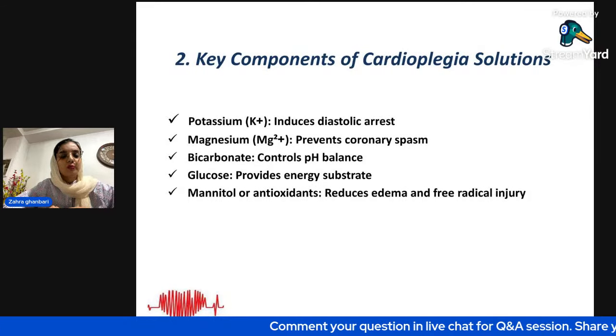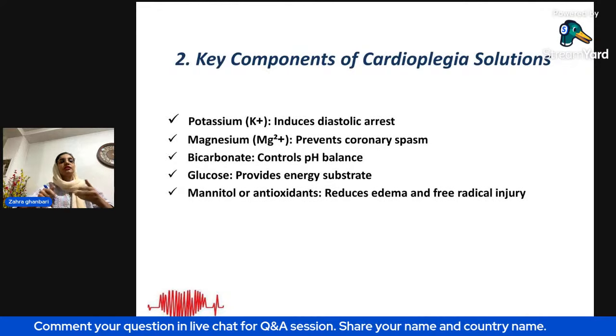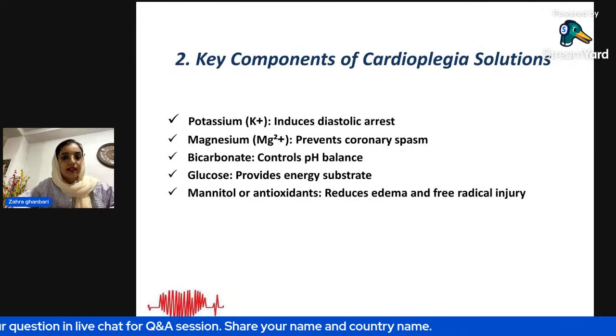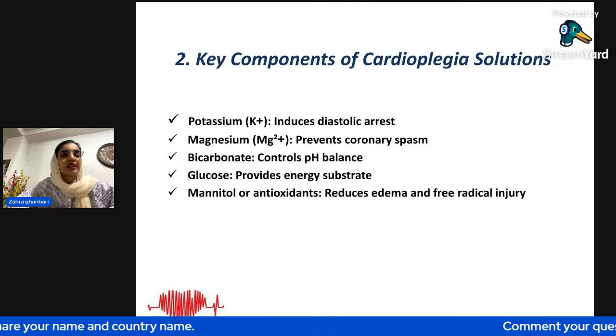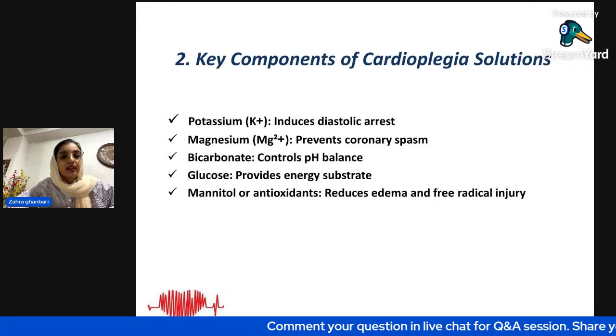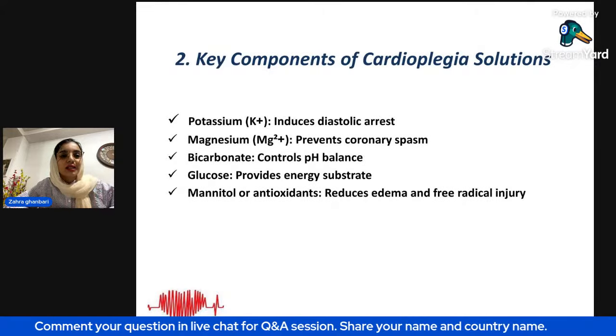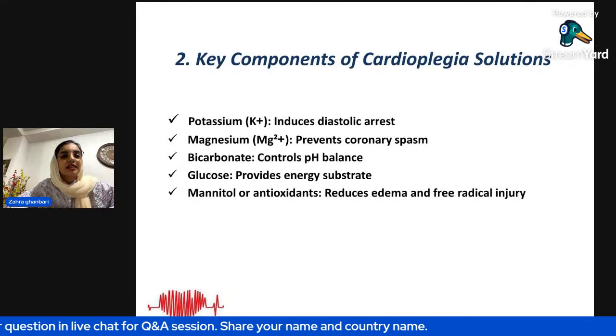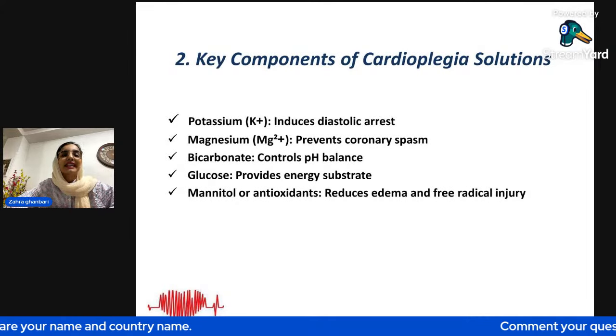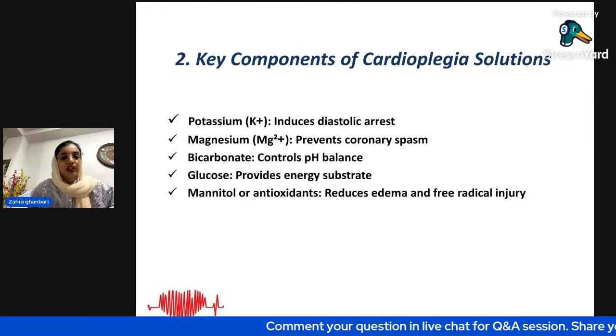All of us know potassium leads to diastolic arrest by raising the potassium level outside the cell and reducing the difference in ionic level across the membrane. Magnesium prevents coronary spasm, and since many patients face, for example, calcium overload, we add magnesium to our cardioplegia solution.